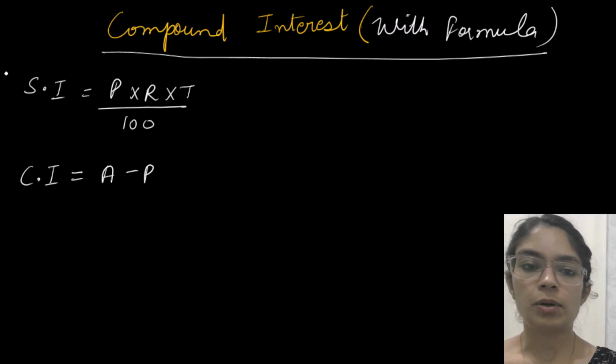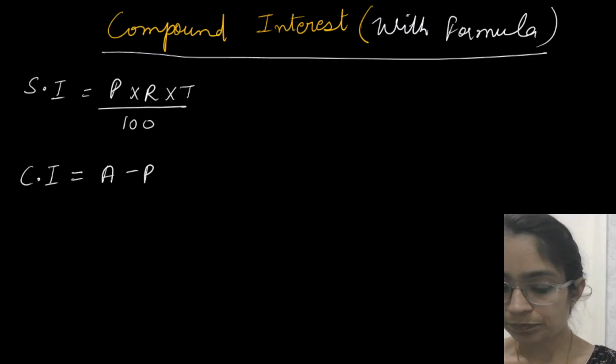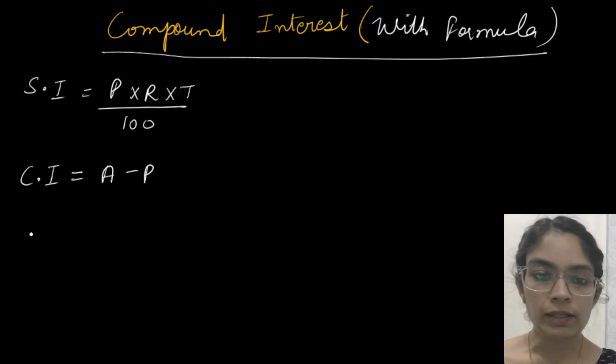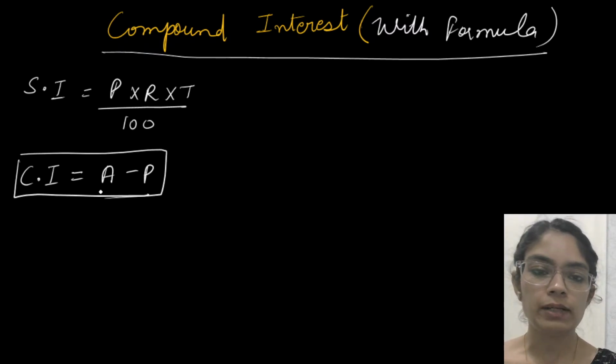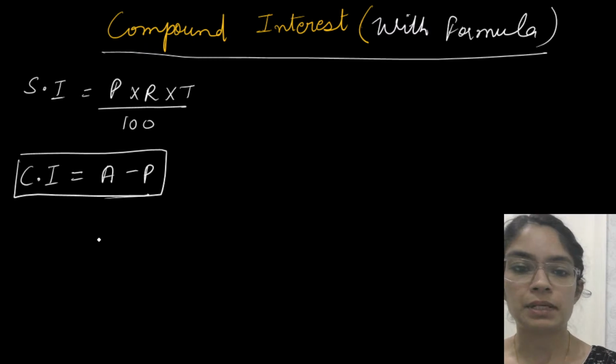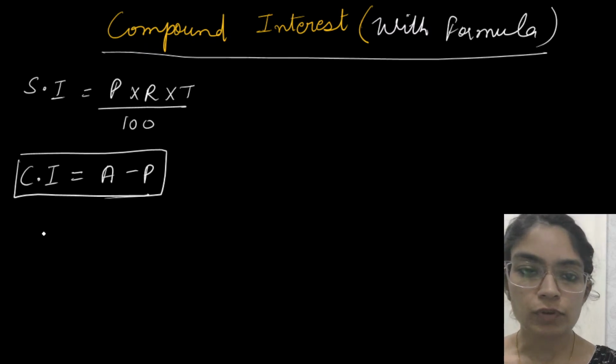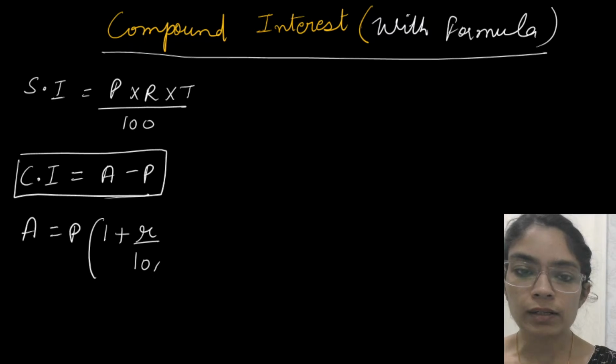Simple interest formula you have already used in lower grades. In compound interest, the formula is CI equals A minus P, where A is amount. For amount we have the formula A equals P into 1 plus R by 100 whole power n.